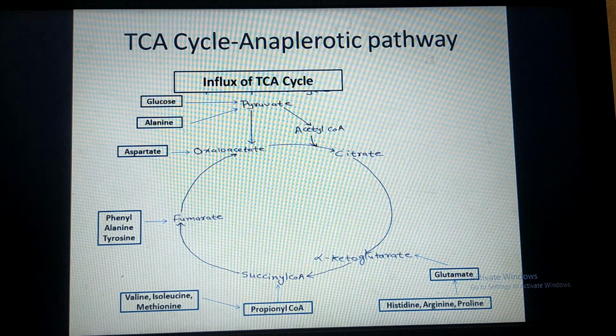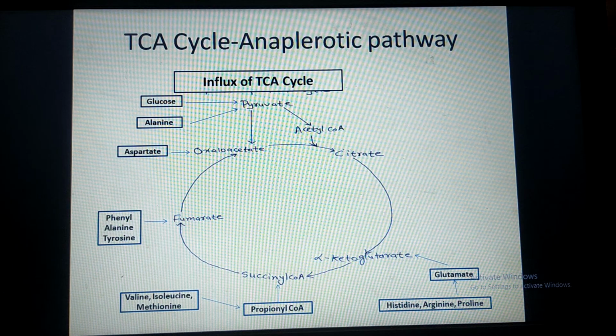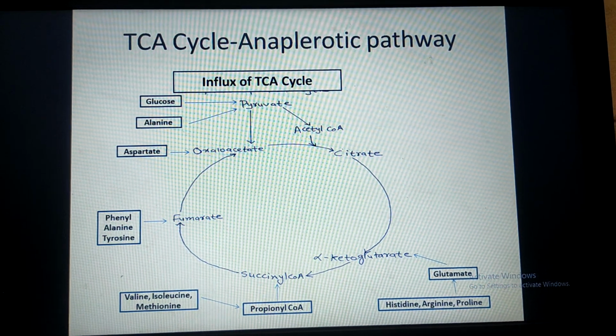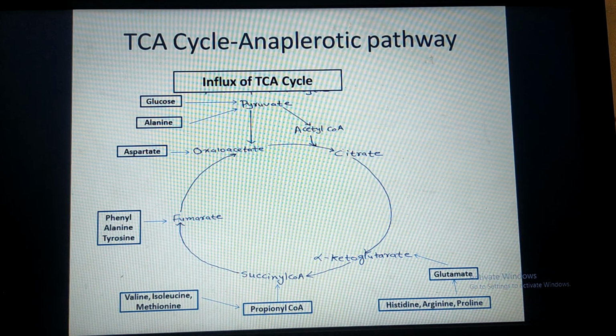So various intermediates are synthesized from different amino acids, and they join the TCA cycle in between. Similarly, phenylalanine and tyrosine get converted into fumaric acid and enter into the TCA cycle. Aspartate also joins the TCA cycle by converting into oxaloacetate.